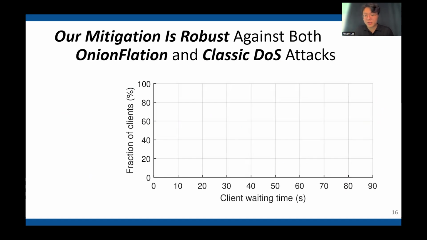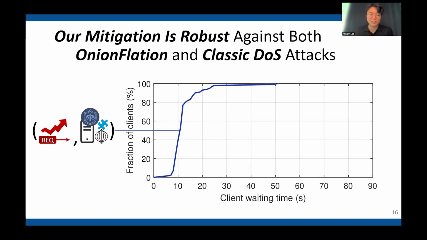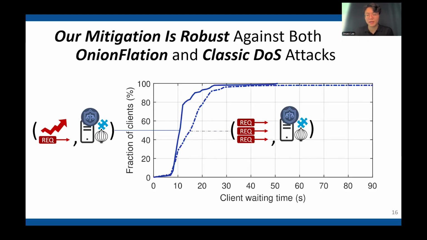Our mitigation, with the proper security parameter tuned, handles the OnionFlation attack well, and it also defends against classic DoS attacks with moderate delays of a few seconds. This shows that our mitigation is robust against both OnionFlation and classic DoS attacks. And it's also dynamically adjustable against different attacks.